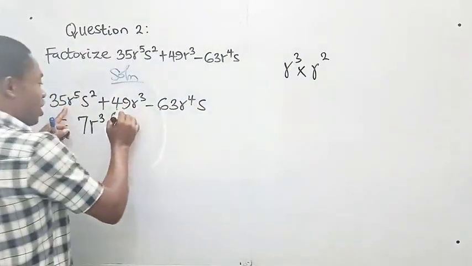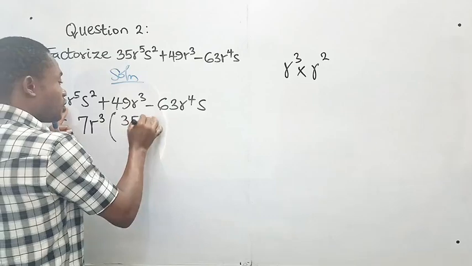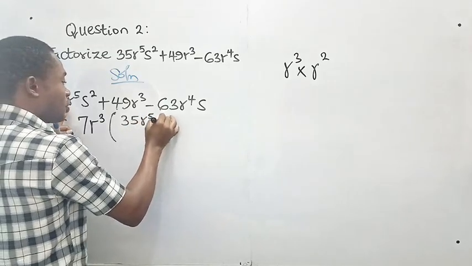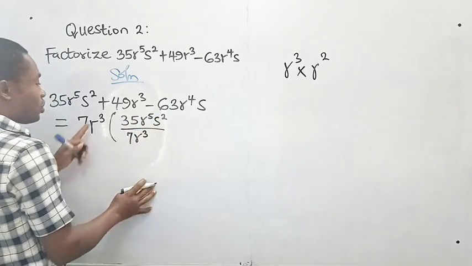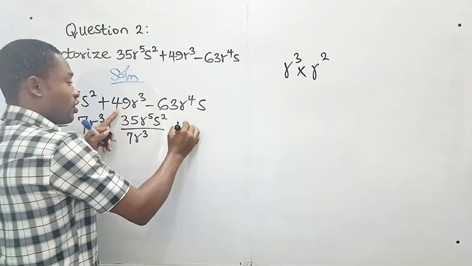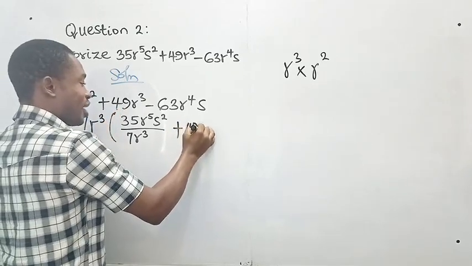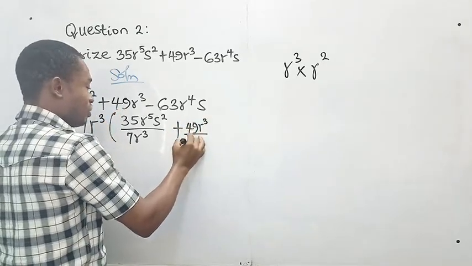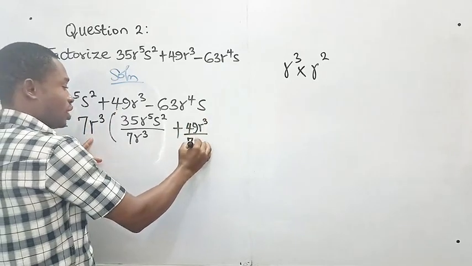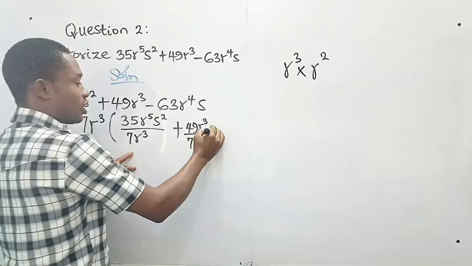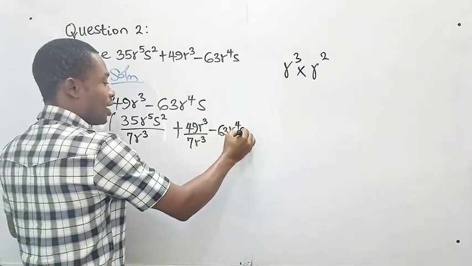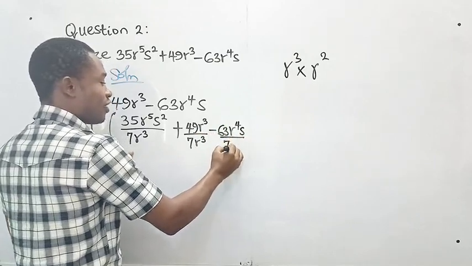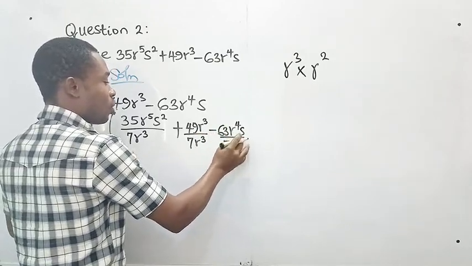So I'll come to this 35r raised to the power 5s squared, divided by this highest common factor you pulled out. Come to this second term, plus 49r raised to the power 3, divided by the highest common factor you pulled out, 7r raised to the power 3, minus 63r raised to the power 4 s, divided by 7r raised to the power 3.